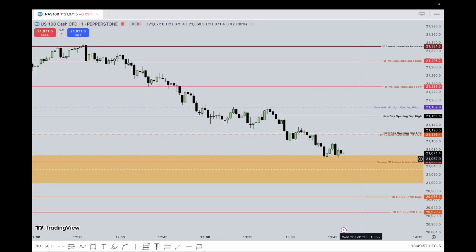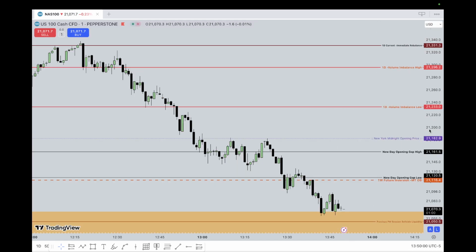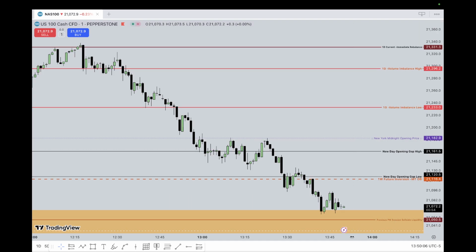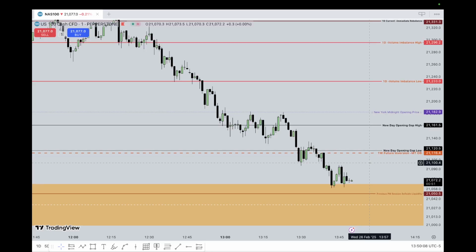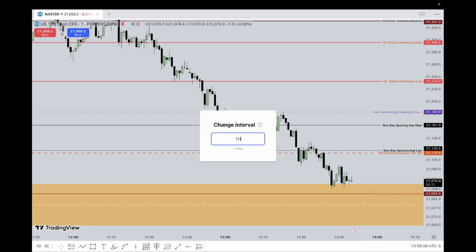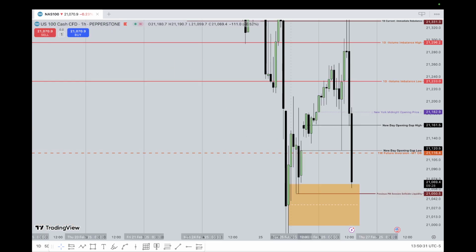Let me switch to 1 minute, see what market structure we have right here. $150 macro started. Switch to 1 hour, see how this looks.